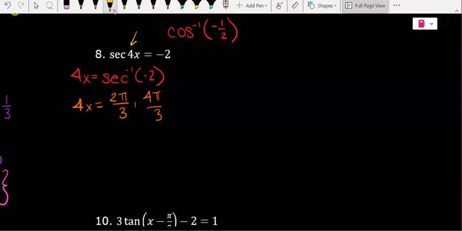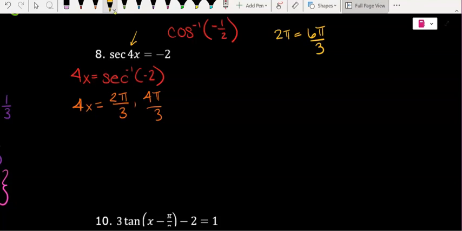So if I'm adding 2 pi, but I needed to have a denominator of 3 in order to add, that's no different than having 6 pi over 3. So I'm just going to continuously add 6 to my numerator as I go until I get one that's going to get me over 2 pi, okay?